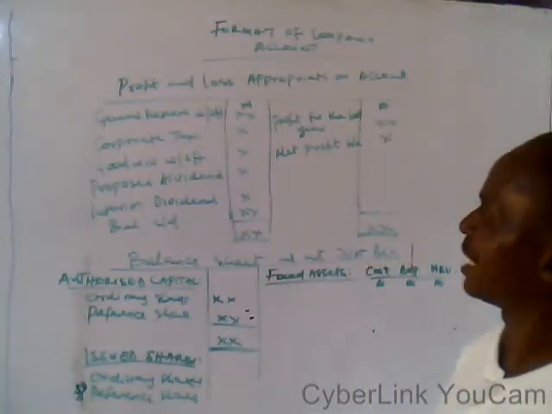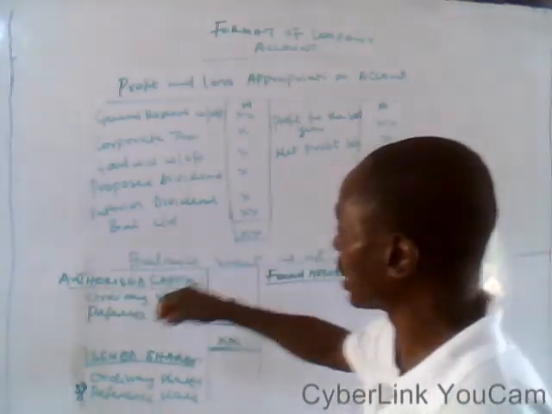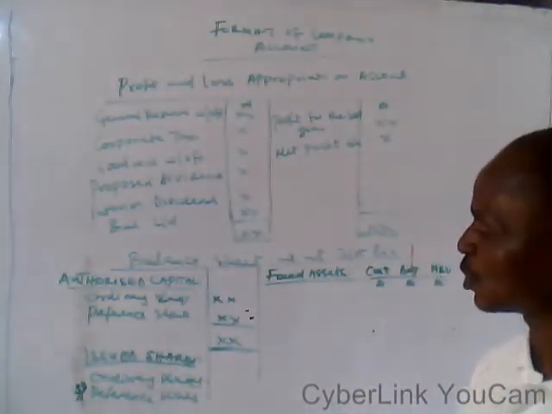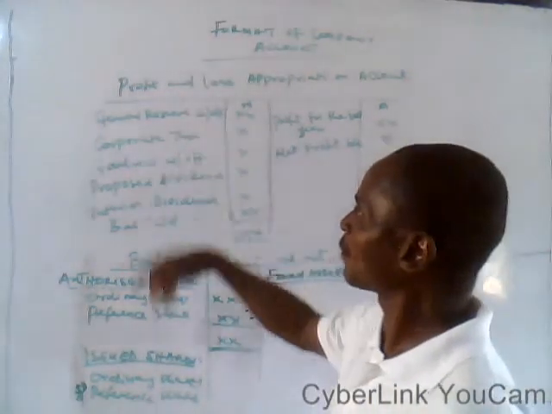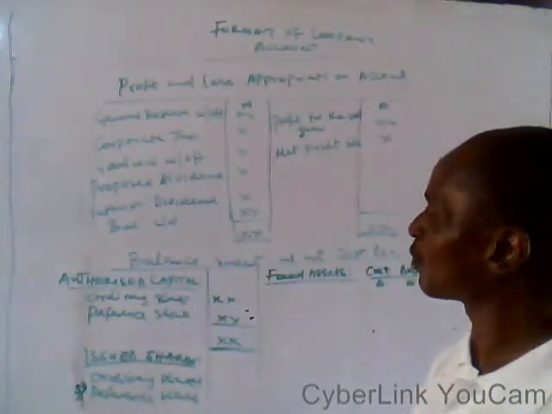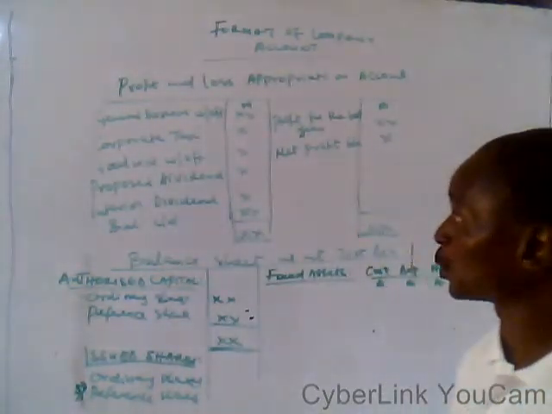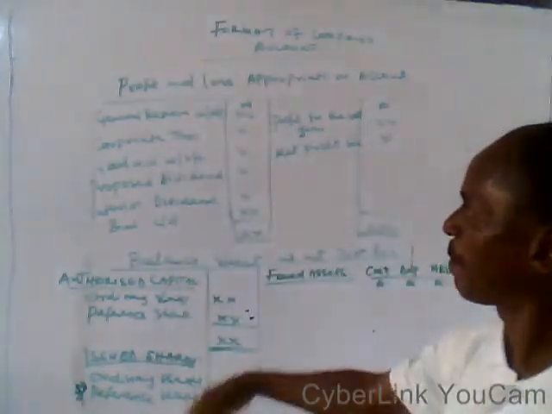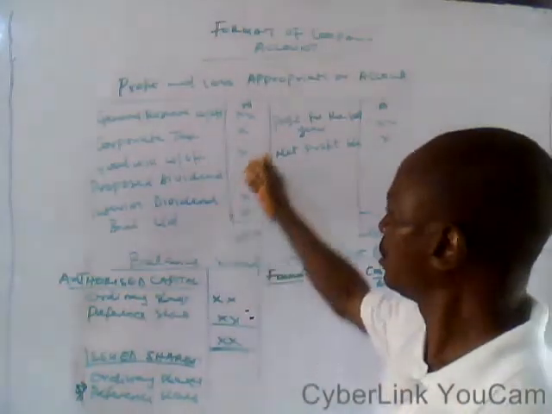For this debit side, the short way to quickly prepare, because of examination time, is to first consider all the items under additional information, where you have a general reserve written off and goodwill written off. All the items written off should be transferred to this debit side of the profit and loss appropriation account. Next, if you have a corporate tax, it will be transferred, and you have a proposed dividend and an interim dividend transferred to this side.